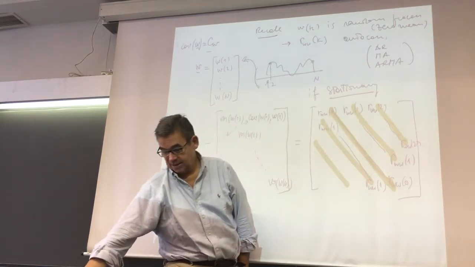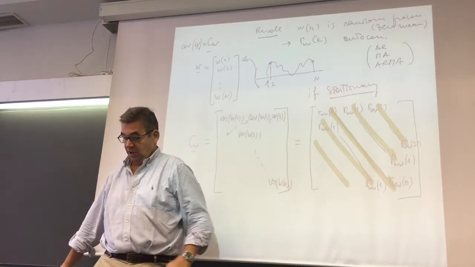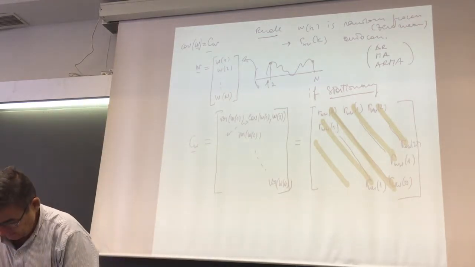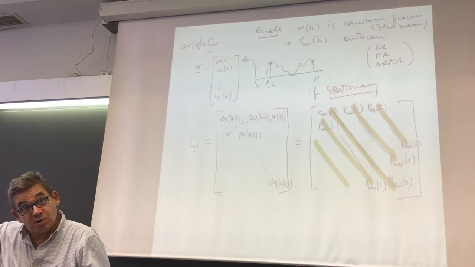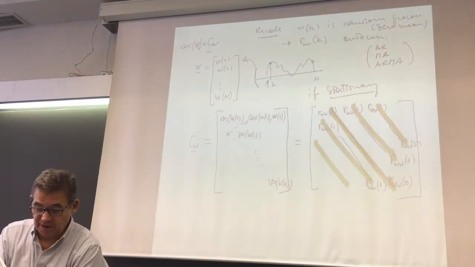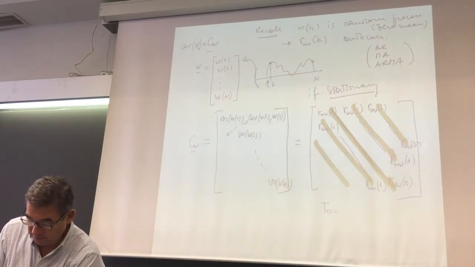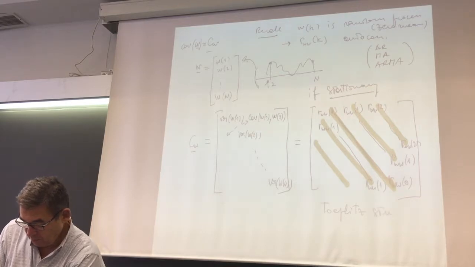Now, when the covariance matrix has this structure that goes along the diagonal, it is called a Toeplitz structure matrix.